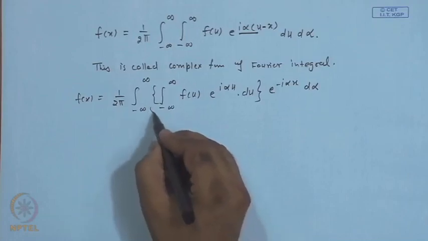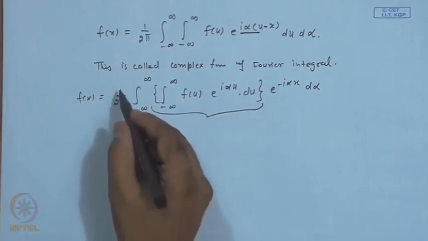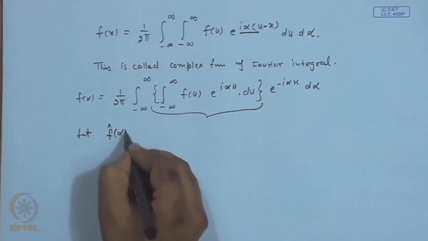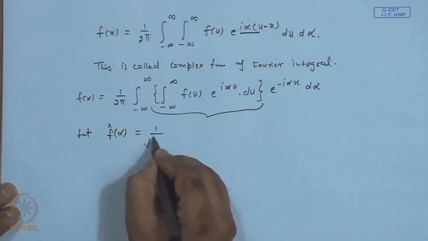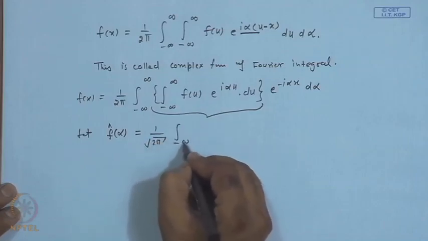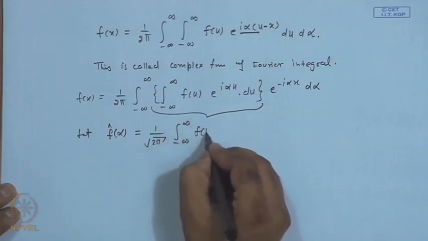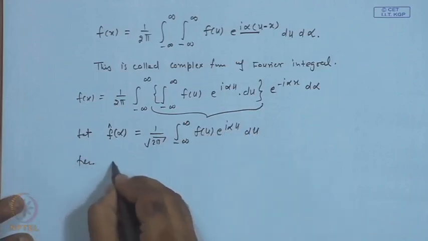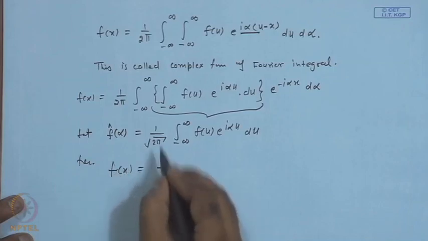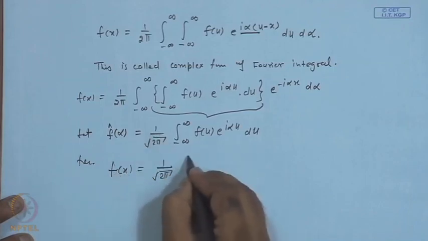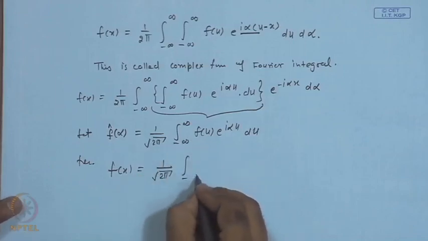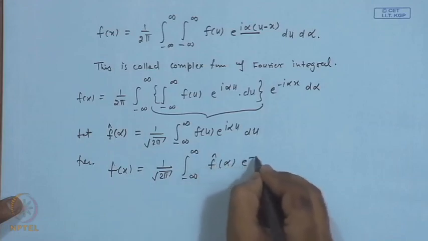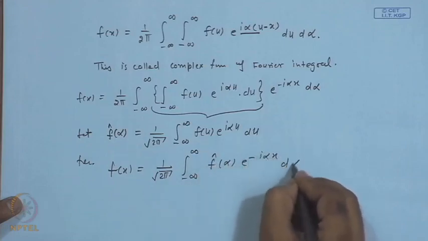So, if we let this together with the factor 1 over square root 2 pi, let f hat(alpha) be 1 over square root 2 pi, minus infinity to plus infinity, f(u) e^(i alpha u) du, then f(x) will be again the same factor 1 over square root 2 pi, minus infinity to plus infinity, f hat(alpha) e^(minus i alpha x) d alpha.